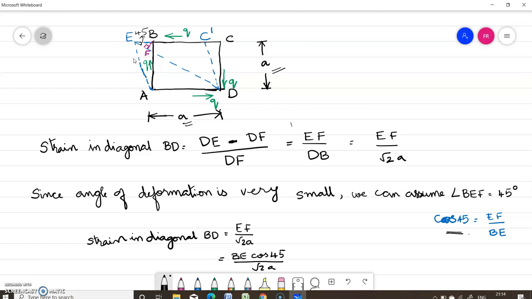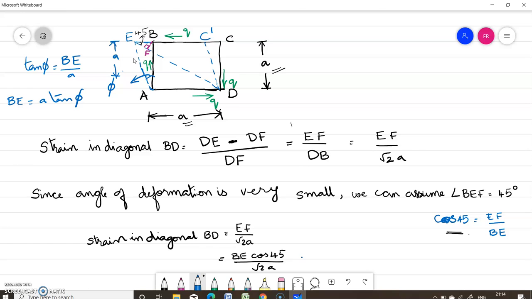Now from this figure, you can write this angle is equal to phi, the shear strain. So from this triangle, tan phi is equal to BE divided by A, because this side is A, opposite side by adjacent side. So BE is equal to A tan phi.